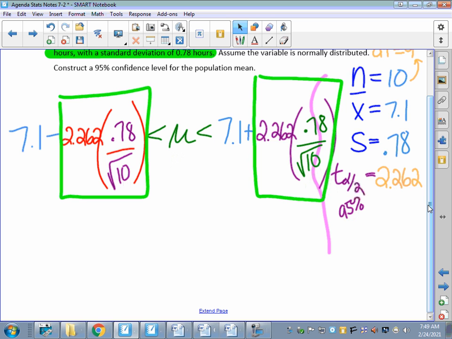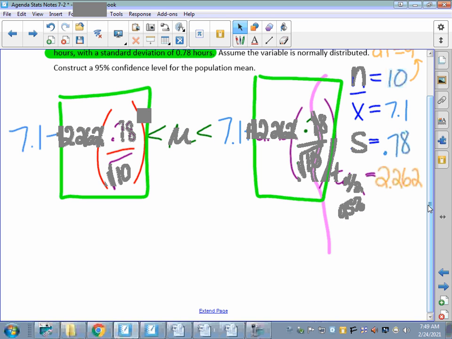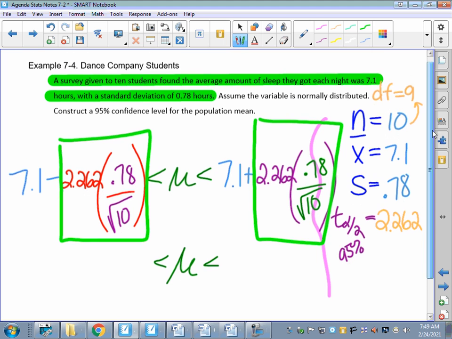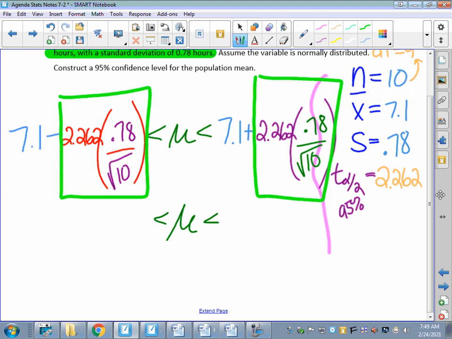I'm going to go out to 2 decimal places. So I ended up with my mu value, my mean number of hours of sleep for dancers, somewhere between 6.54 and 7.66 hours.